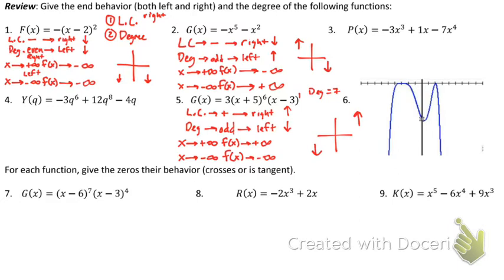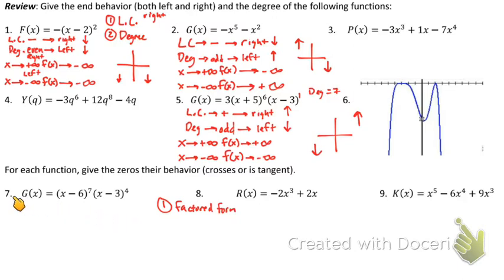But before we get into it, just real quick steps on how to do this. To figure out what our zeros are and the end behavior of the whole polynomial, you have to put it into factored form. If it's not in factored form, you cannot do this. So we've got to put it into factored form.